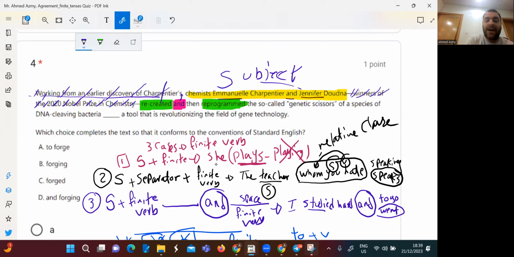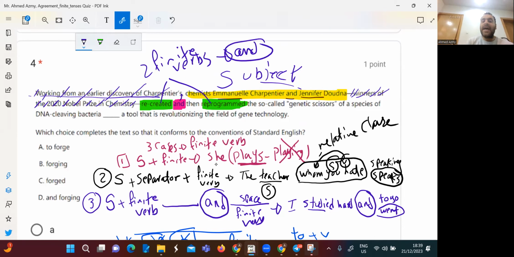So here we have two finite verbs because of what? And. Are we supposed here to choose a finite verb? No, we have to choose a non-finite. Non-finite to or non-finite ing?